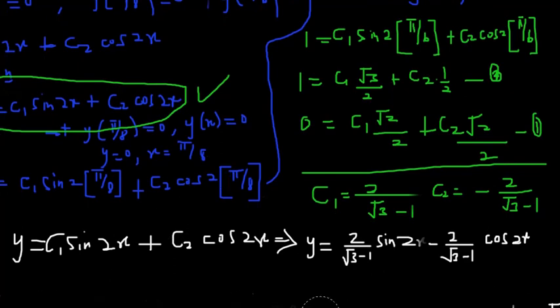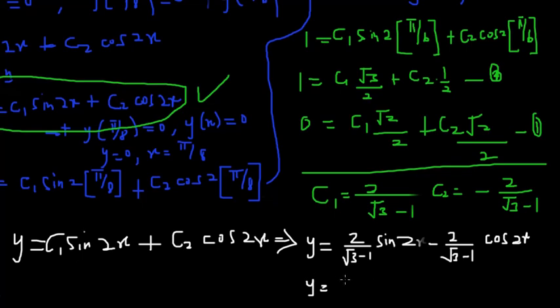You can further simplify this. Further simplifying this into the simplest format, since we know that 2 on root 3 minus 1 is common, we just factorize.